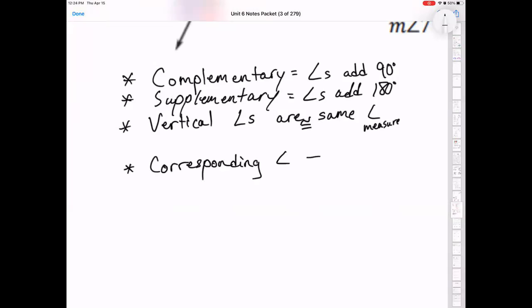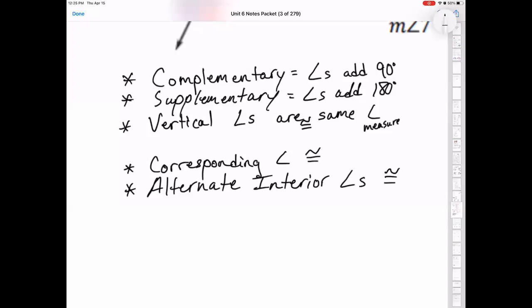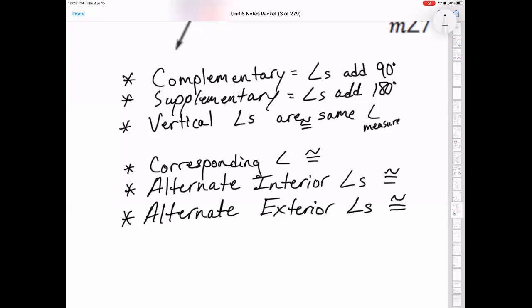Corresponding angles are congruent. We've also seen alternate interior angles are congruent. And then finally, alternate exterior angles are congruent. So as long as you know all of those different types and distinguish them separately, then you should be in pretty good shape.